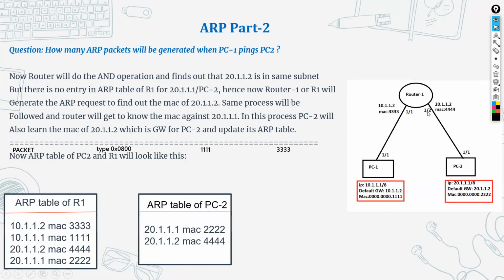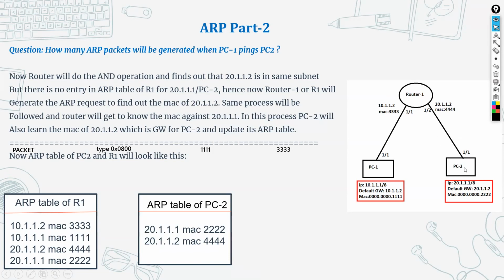So when router 1 is going to send the ARP request, you can see that in the ARP request it is going to send the source IP 20.1.1.2, source MAC 4444, destination IP 20.1.1.1, and destination MAC all zeros, and all that process will be followed.